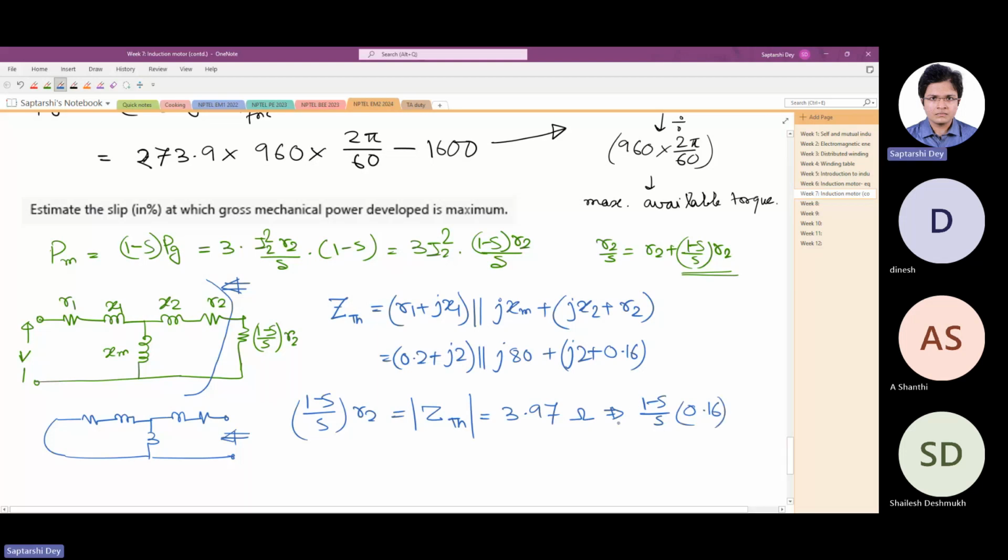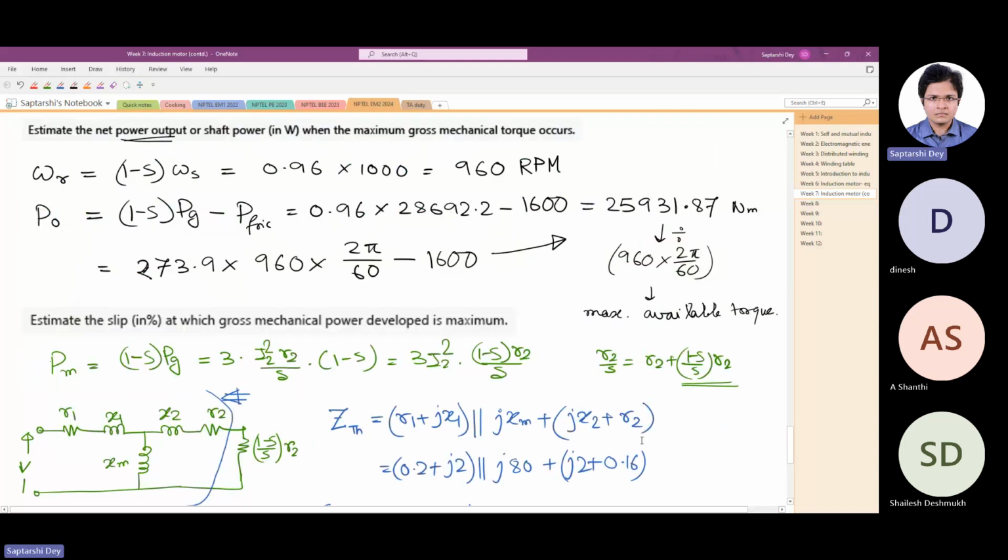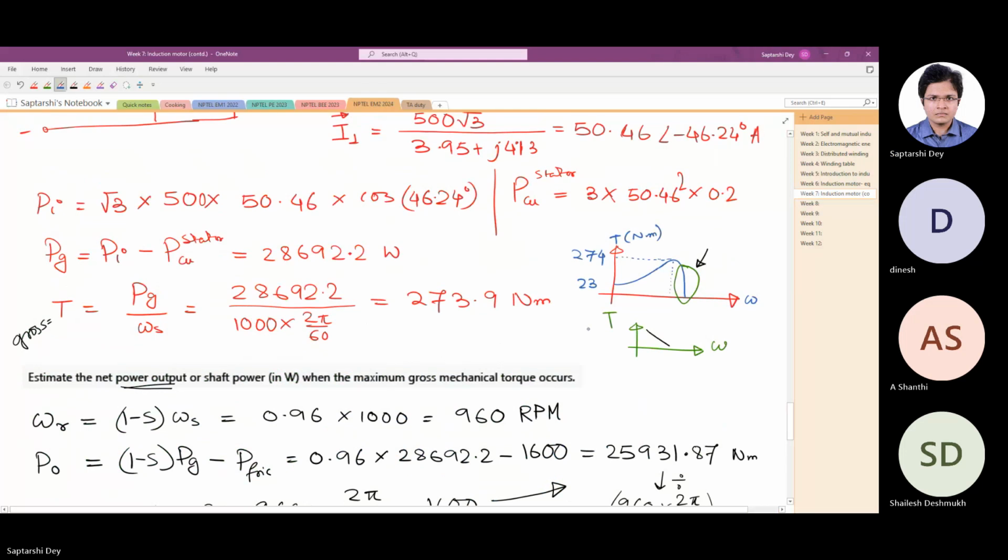Now if you simplify, what you will get is S equals 0.0388, that is 3.88%. So you see the maximum torque we got at 4% slip here.